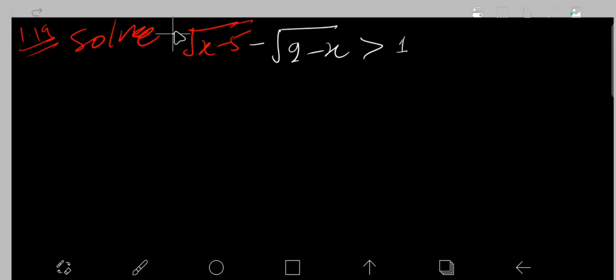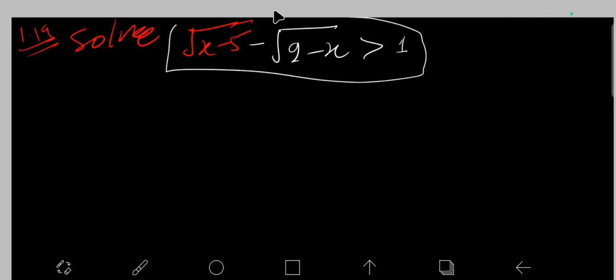Now we simplify this inequality. Firstly, we know a square root is only defined when the quantity is greater than or equal to 0.